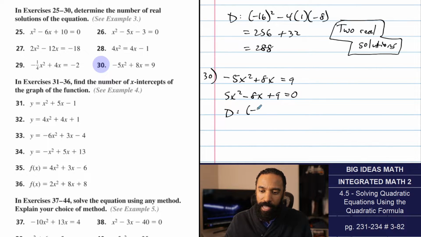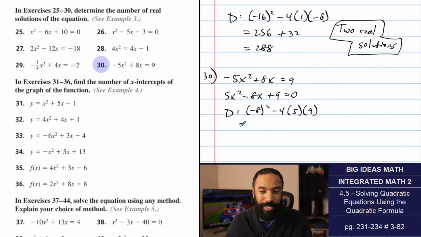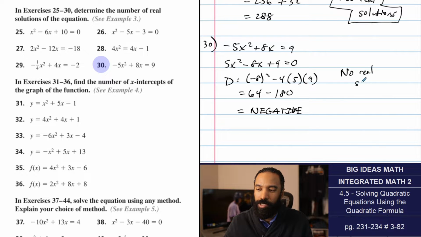So discriminant is b squared minus 4ac. Oh, it's not only not factorable. 64 minus 180. Listen, I don't care what it is. It's negative. Negative. I mean, I can figure it out as I talk to you, but no real solutions.